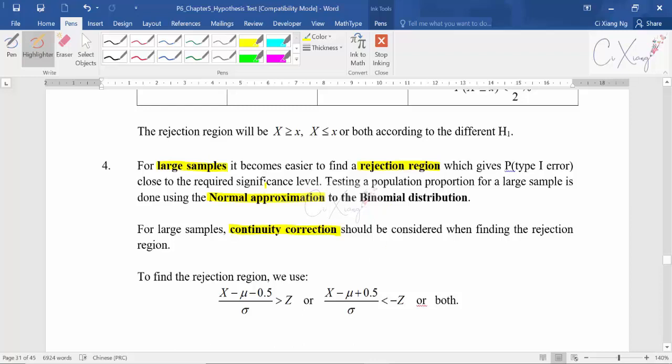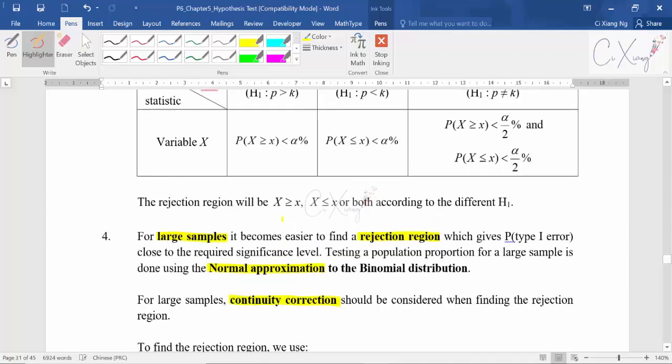For this whole part, the errors for binomial distribution, we are going to have 3 videos. The first one is this. The second one discusses how we find the rejection region by using binomial, and the third video under this part will be the last one: when we change binomial to normal, how are we going to find the continuity correction, the rejection region, and also the type 1 and type 2 error probability?